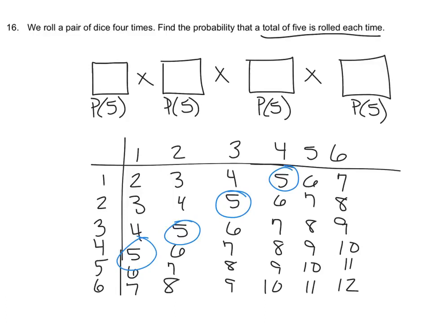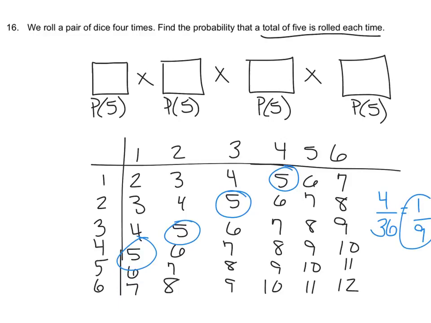So my probability of rolling a 5 is 4 out of 36. And 4 over 36 can be reduced by dividing both the top and bottom by 4. So 4 divided by 4 is 1, and then 36 divided by 4 is 9. So the probability of rolling a 5 is 1/9.